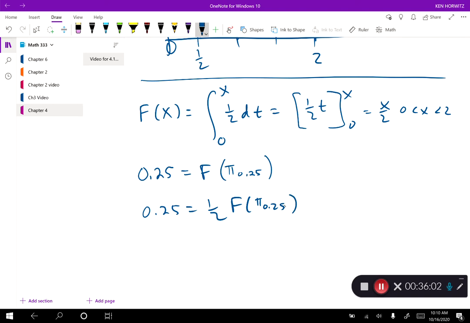And if we get our number by itself, I'm going to multiply both sides times 2. Right? So I'll call it Q1 equals 0.5, which is how much area we had there.